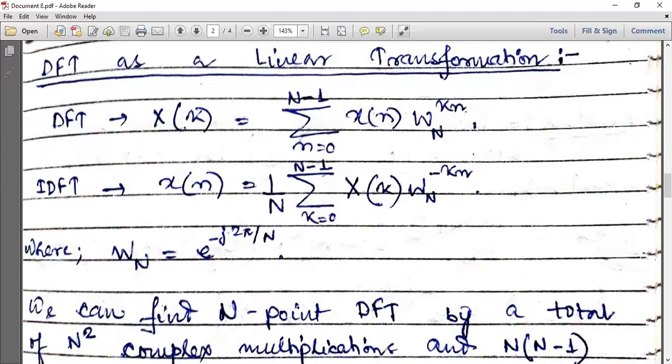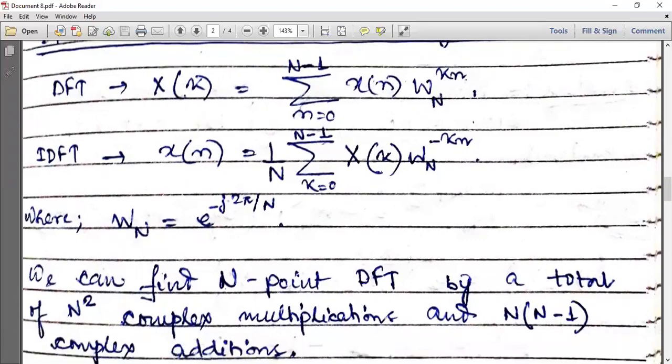Clear? Now, you can find the N point DFT by a total of N square complex multiplications and N into N minus 1 complex additions.